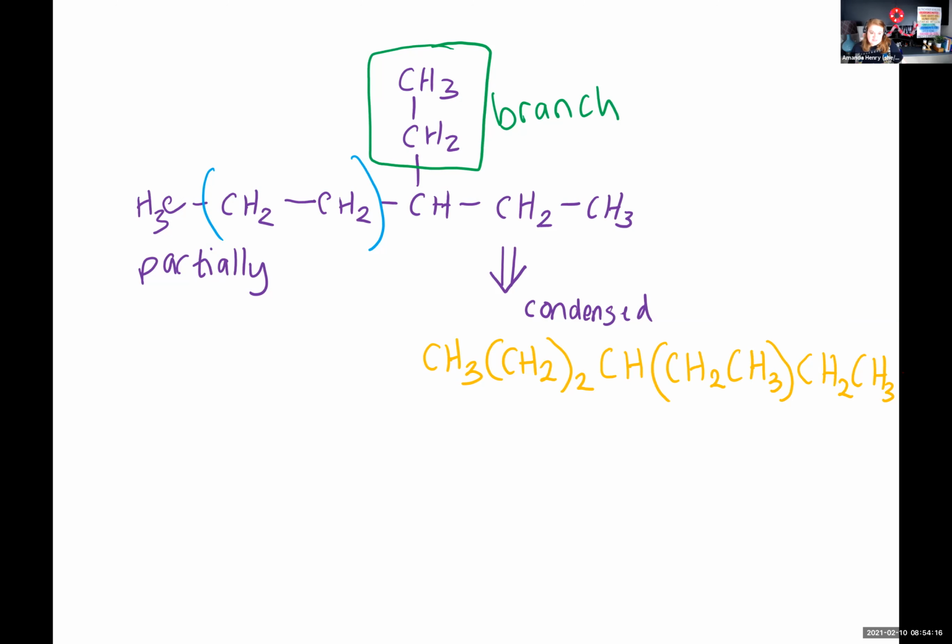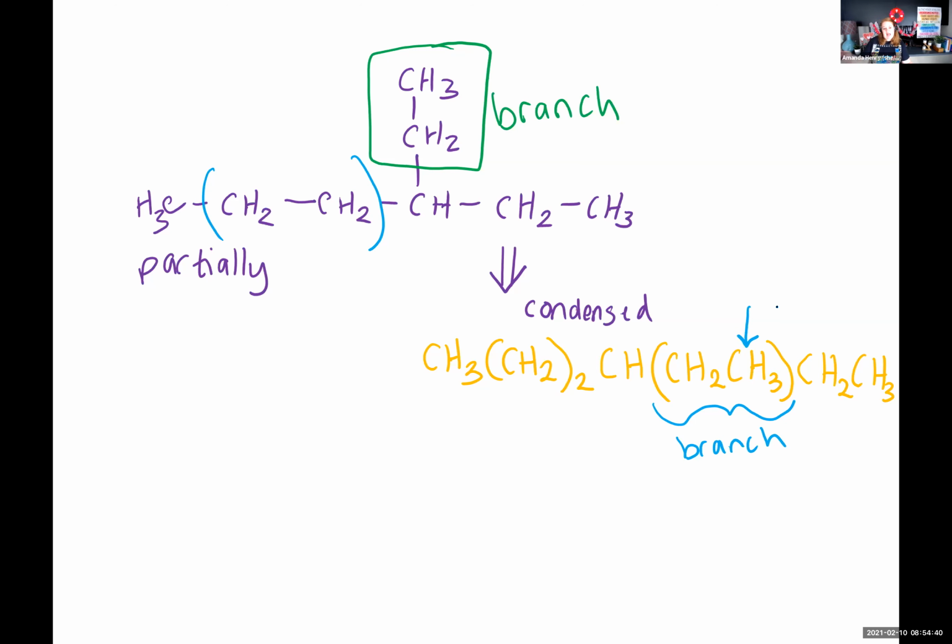Now, these parentheses mean two different things. One means the repeating section, and one means the branch. So if you were to just look at this, how would we know what is what? The reason we would know that this one is the branch is because it has that CH3 in it.